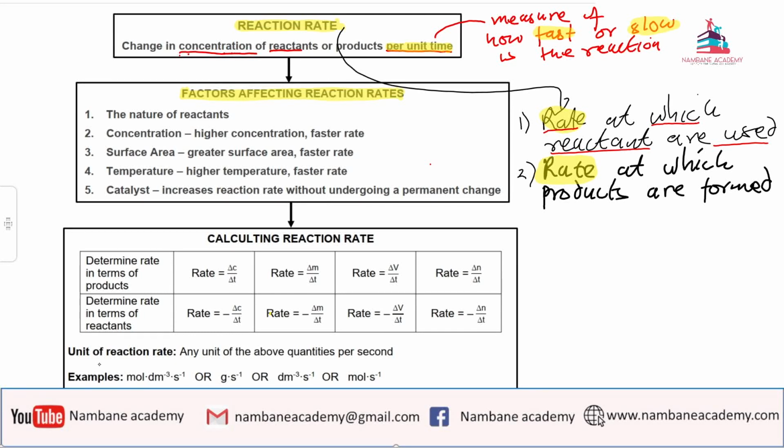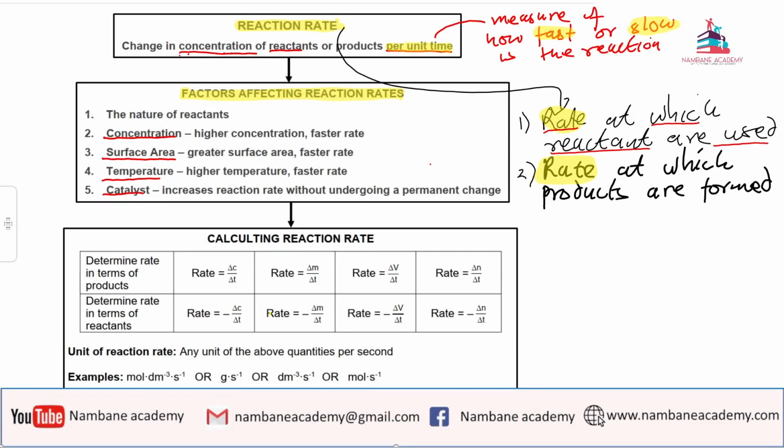The first one is the nature of the reactants. The nature of reactants, I will explain further when we get into explaining each and every factor, how it influences the rate of the reaction. The other ones are concentration, surface area, temperature, and a catalyst.